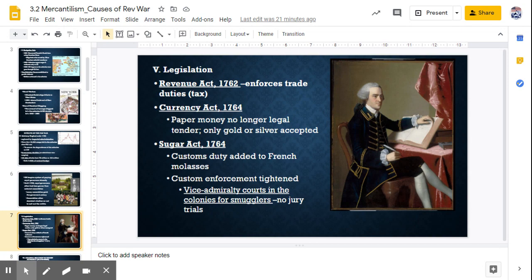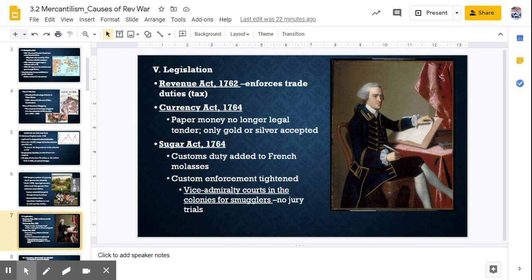The other thing they passed was called the Sugar Act. For a number of years, any kind of French molasses, which is a byproduct of sugar, essentially sugar if you want to think about it in a much more shelf-stable form, that molasses didn't have a duty.